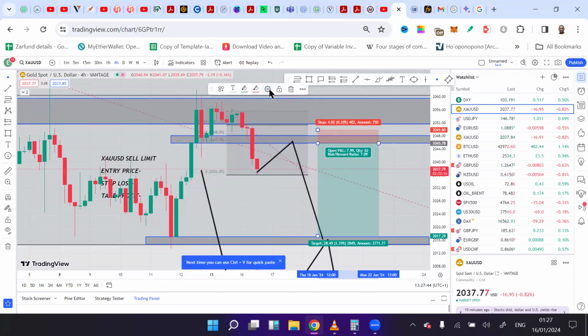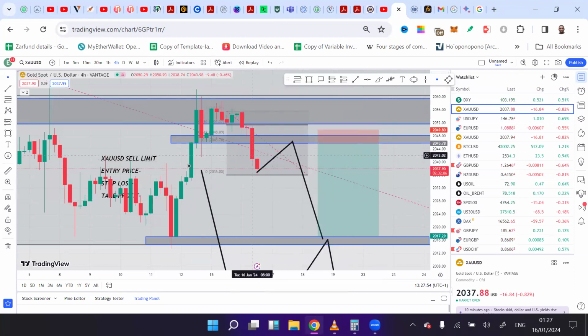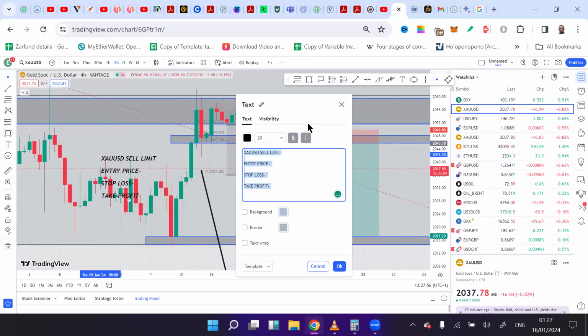Our entry price is 2045.78. Okay, so just hold on, I'll make it clearer.